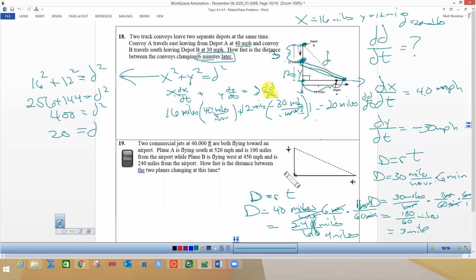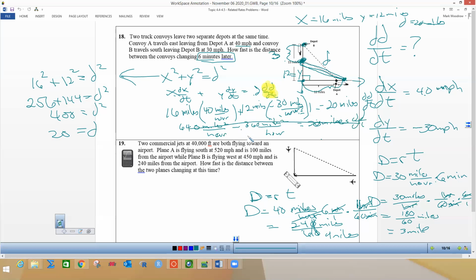All right, so when I multiply these two together, I'm going to get 640. This would be miles squared per hour. Plus, this will actually be minus because it's going to be negative 360 miles squared per hour. And over here, we still got 20 miles dt.